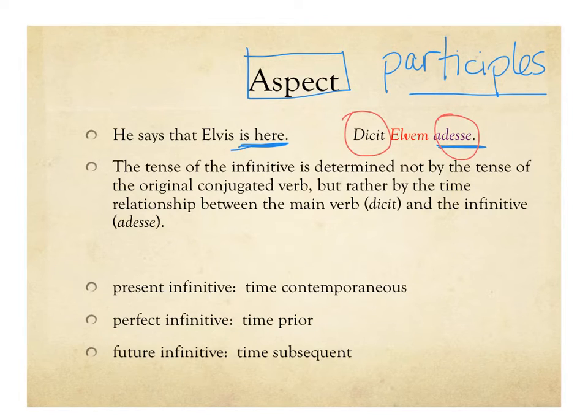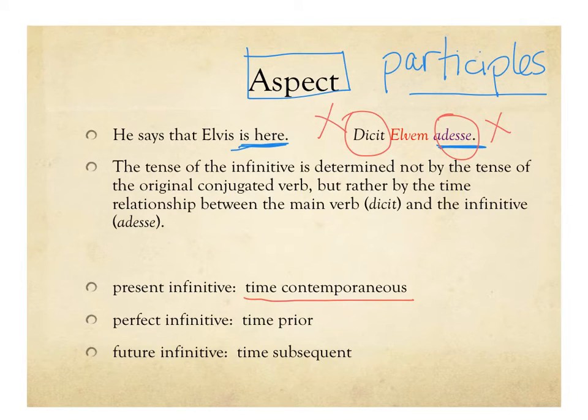So in Latin, the present doesn't indicate present tense. It signals that the time that's happening here and the time that's happening here are the same time.